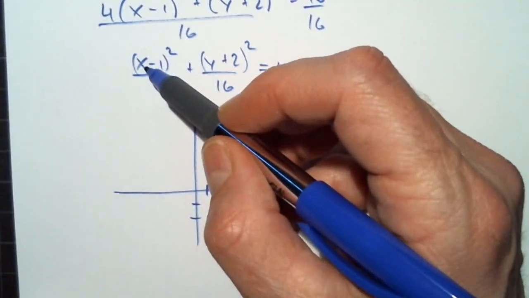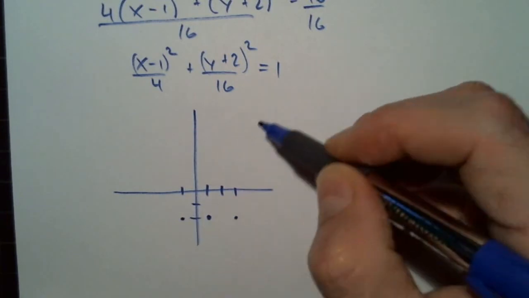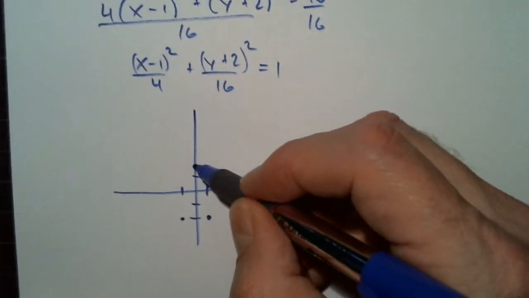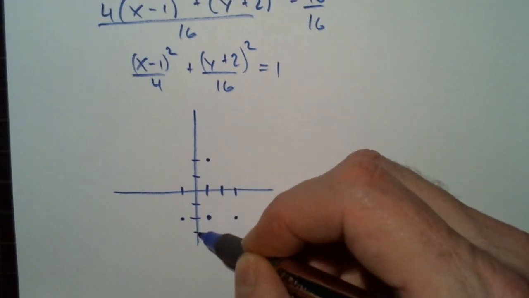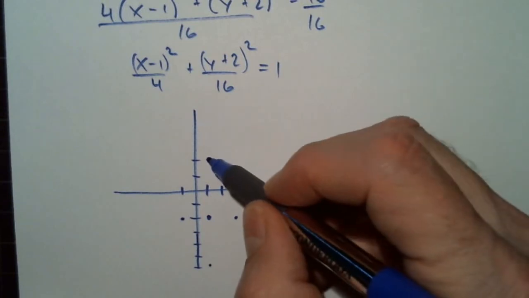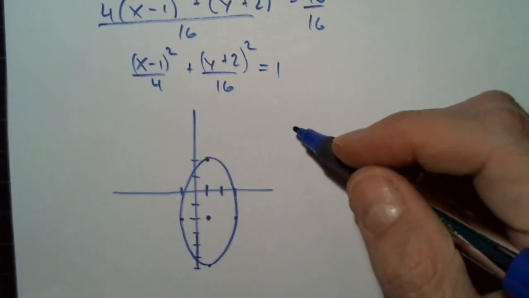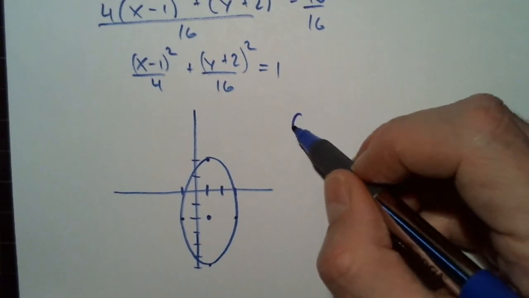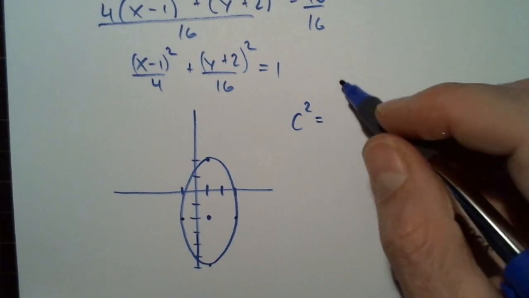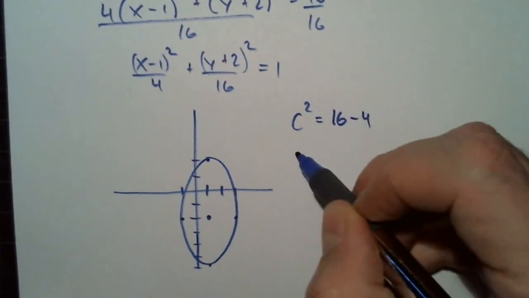The horizontal distance is 2. The vertical distance is 4. And for the distance to the foci, c squared is 16 minus 4.